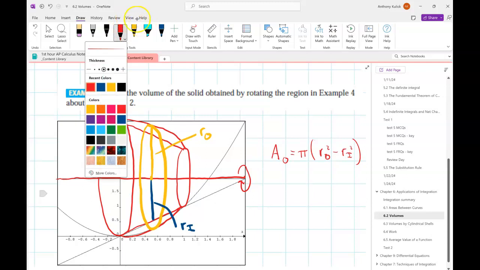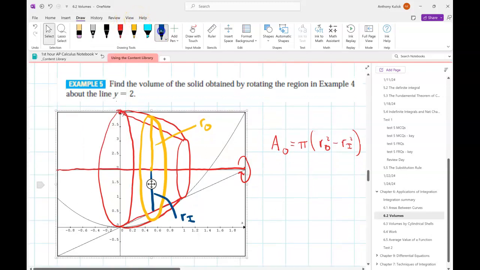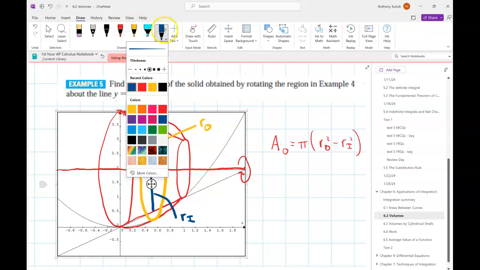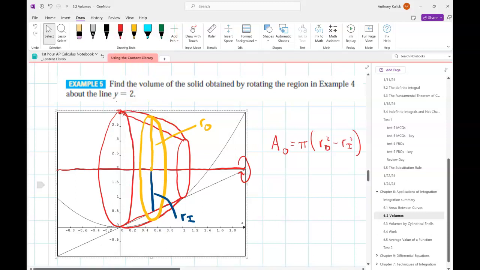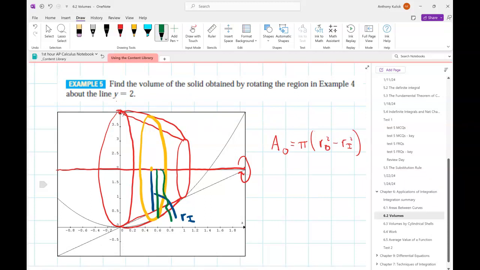So the outer radius is going to be the value of, let me pick a new color here. I'm actually going to think about the outer radius going down. So the outer radius, I know here to here is 2.